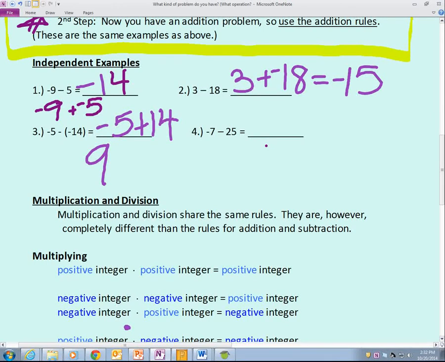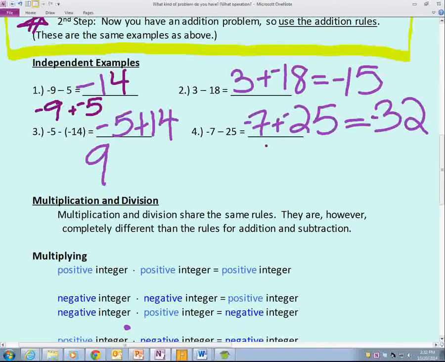Does anybody not see why it was wrong? No. Okay. So back to you, Jake. What do we got? Negative 24 or negative 7 and then change the minus 2 to plus and then negative 5. So what is the answer? Negative 32. Negative 32 is correct.